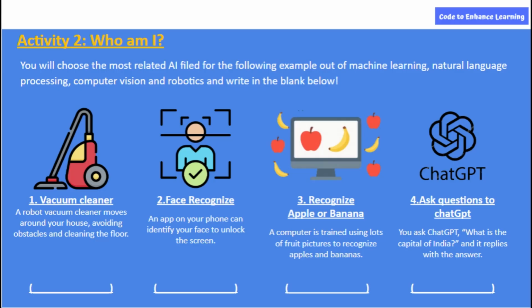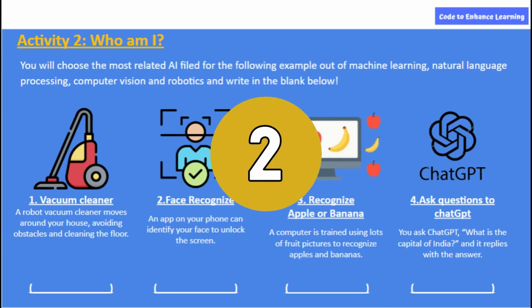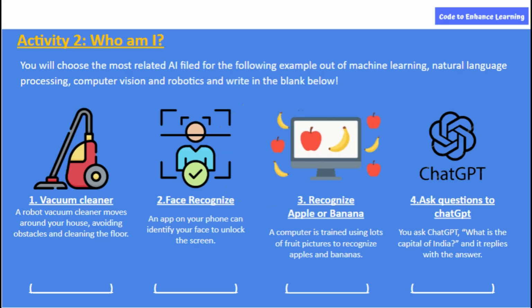Third one is apple or banana classifier. A computer is trained with fruit photos and learns to recognize them. Which field is this? Yes, the answer is machine learning, because the computer is learning from examples. And last one is ChatGPT question answering.